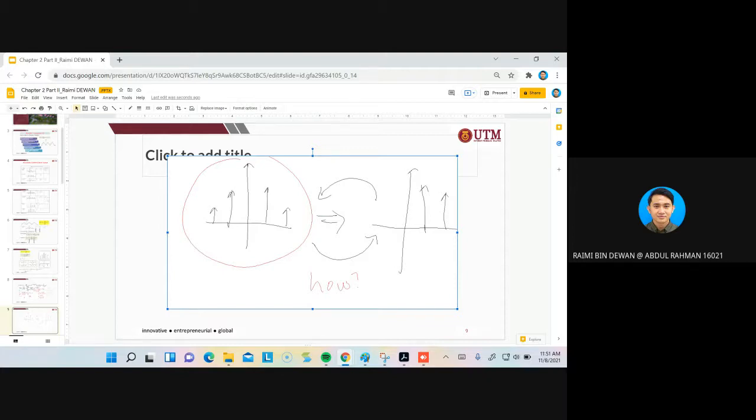Normally, the single-sided is double the size of the double-sided. If this is 4, for example, this one is 2. If they say this one is 3, this one is 1.5. Something like that. But how you convert in the equation, you need to know. One of the ways is to use Euler's theorem.